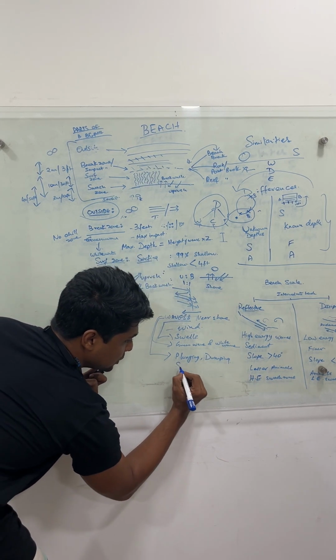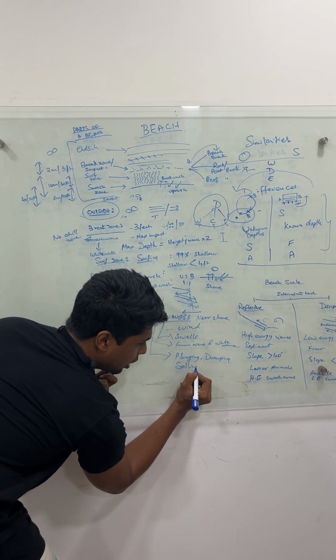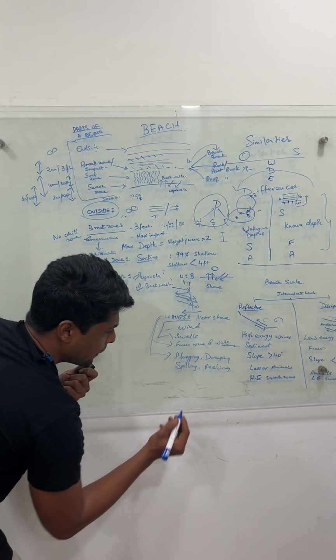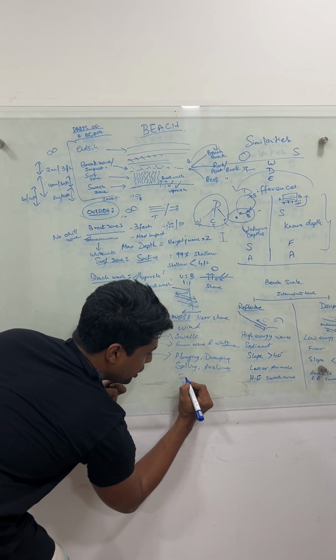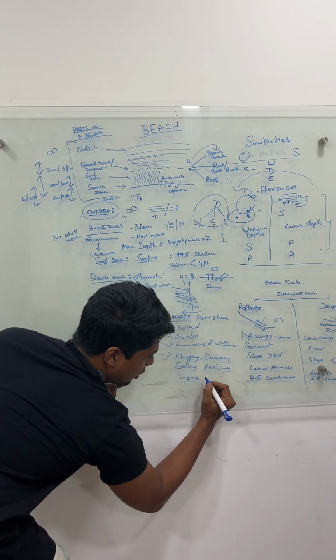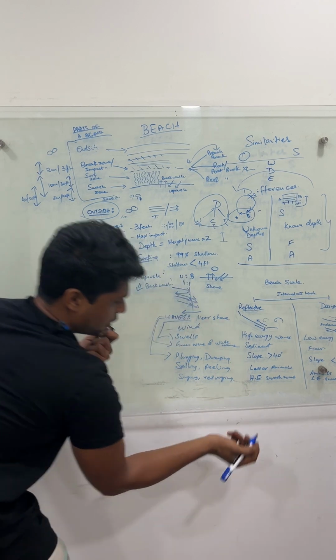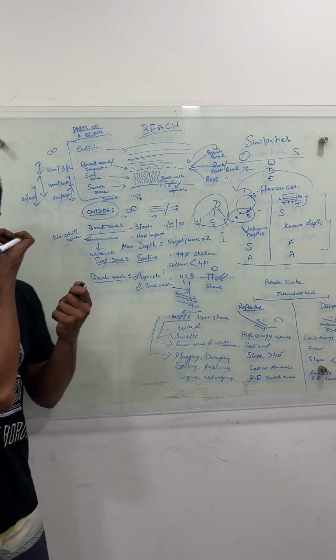Then we have the spilling wave, also called a peeling wave, which is in the same category. Then we have a surging wave, sometimes called a resurging wave. So three types of waves.